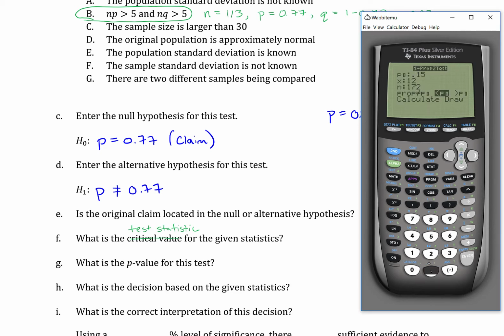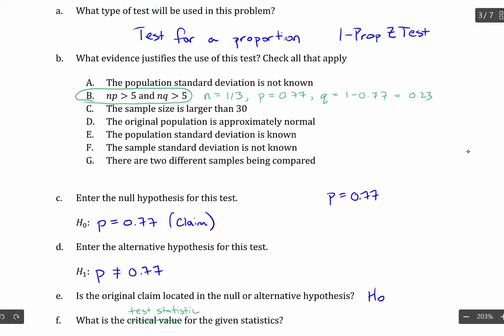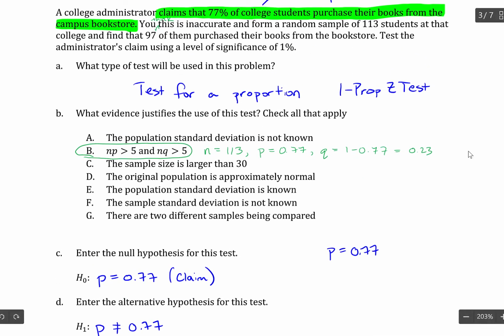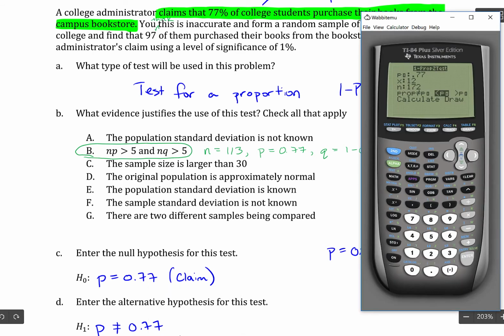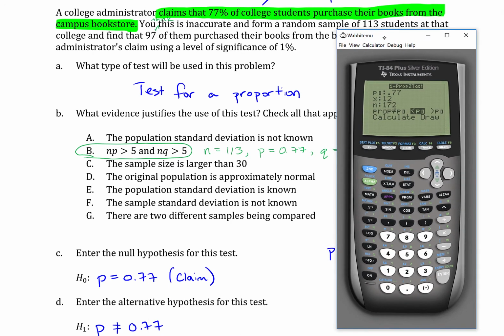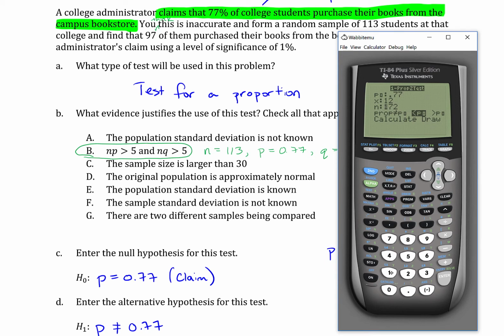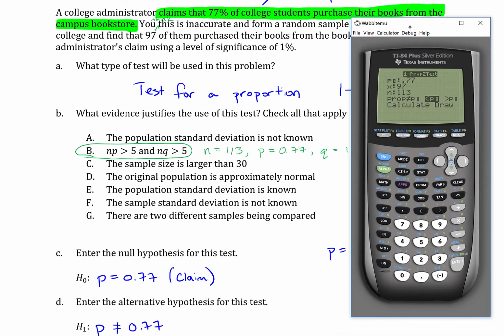Enter the value from the null hypothesis, 0.77. x is the number of items that favor your event from the sample. We had a sample of 113 students, so that's our sample size, n, and of those, 97 used the campus bookstore. So that would be x.